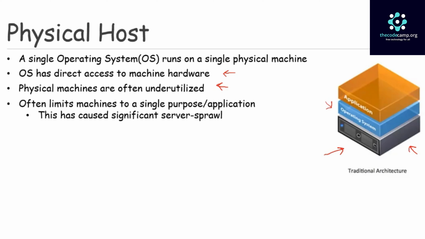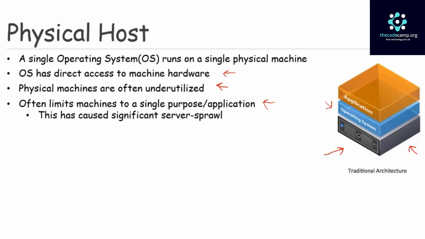Like I said, this limits the physical machine to a single purpose, because you can only have one operating system running concurrently on your machine. And that caused significant server sprawl with regards to the physical devices.